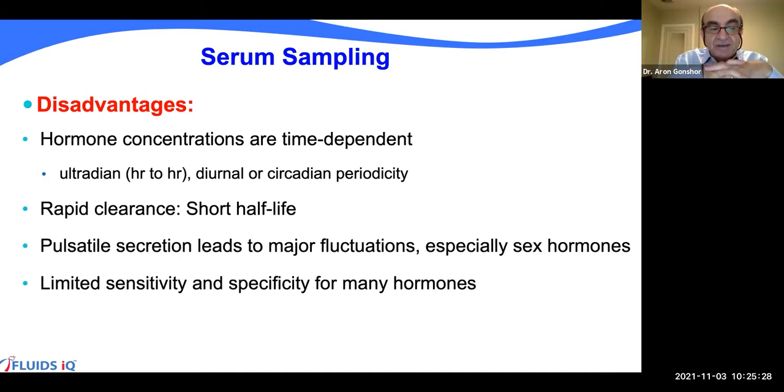And so you need to keep that in mind. And these are rapidly cleared, so they have a very short half-life. So when you have an analyte like a sex hormone or some of the adrenal hormones, which are pulsatile, in other words, they're coming out very quickly and disappearing very quickly, that will cause a problem if you need to test with serum, for obvious reasons. You can't have a person sitting there with a needle in their arm for hours trying to find out what's going on.